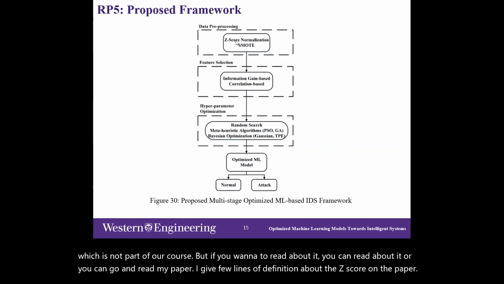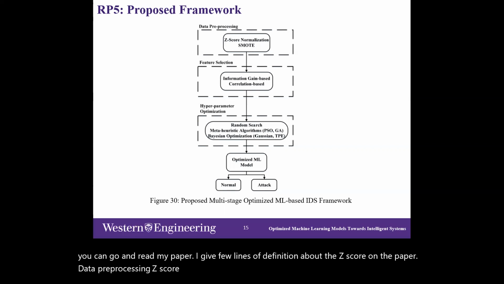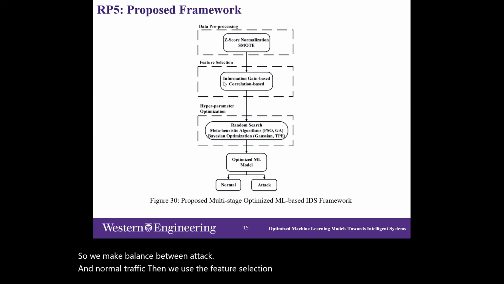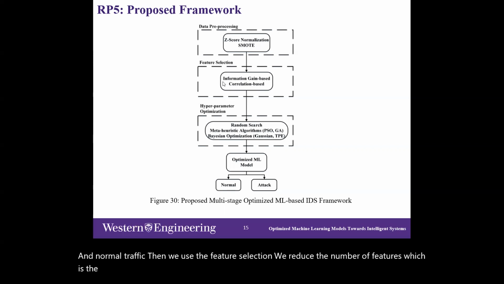Data pre-processing, z-score, then we use SMOTE, which is the oversampling technique. So we make a balance between attack and normal traffic. Then we use the feature selection. We reduce the number of features, using information gain and correlation based.